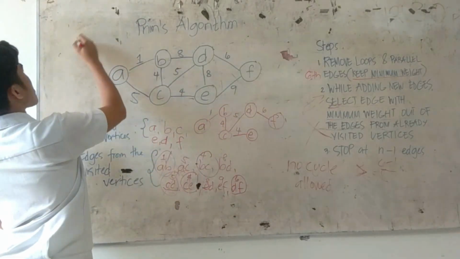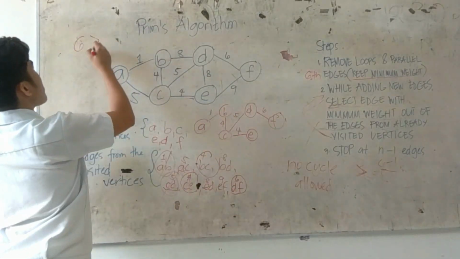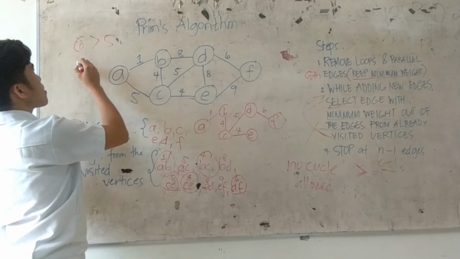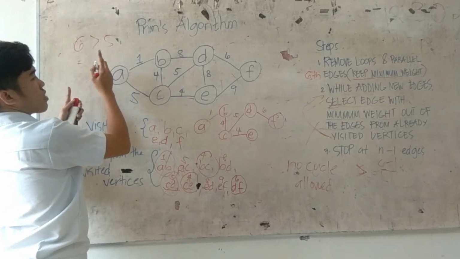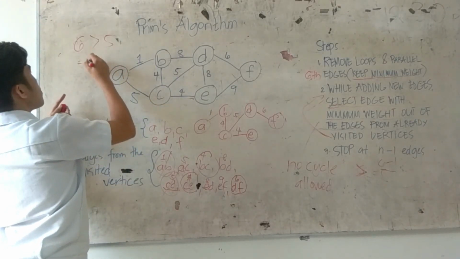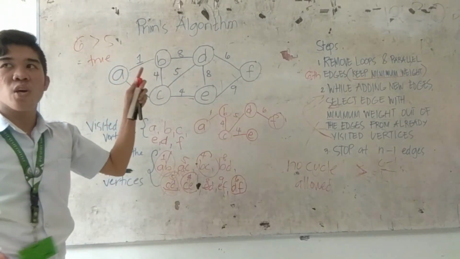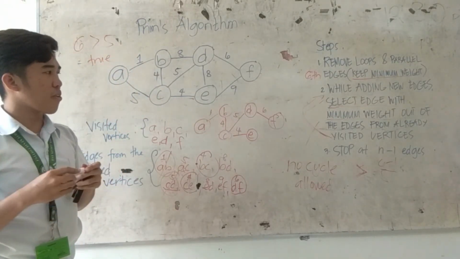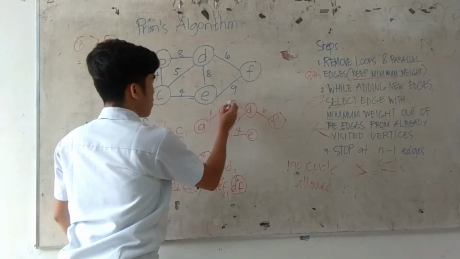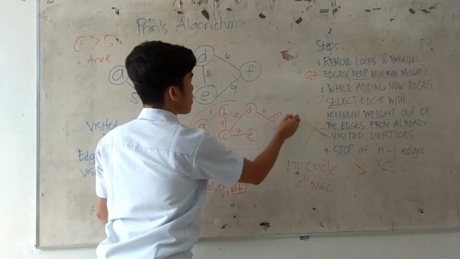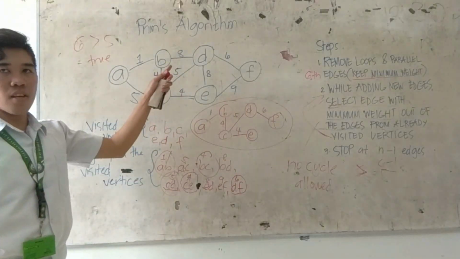So we are in a 6. So 6 greater than 5 is true. So that means we need to stop this algorithm. So this is now our minimum spanning tree for this graph.